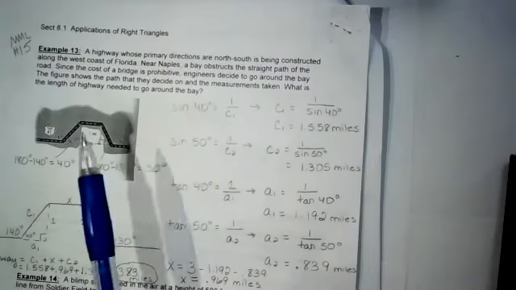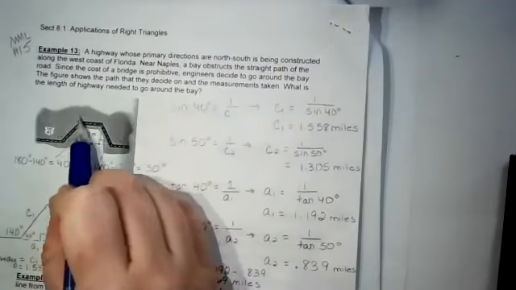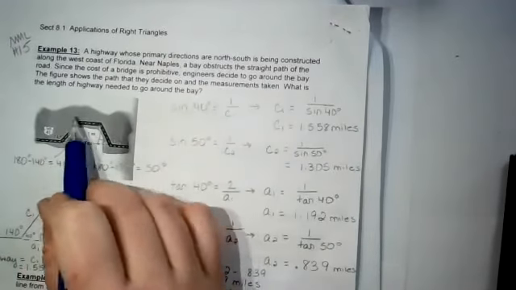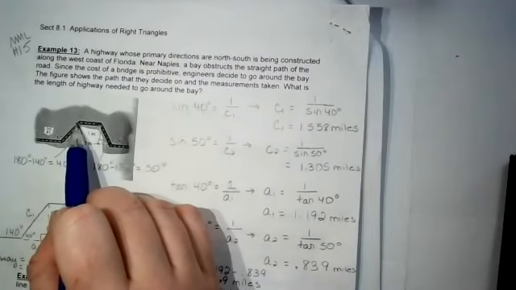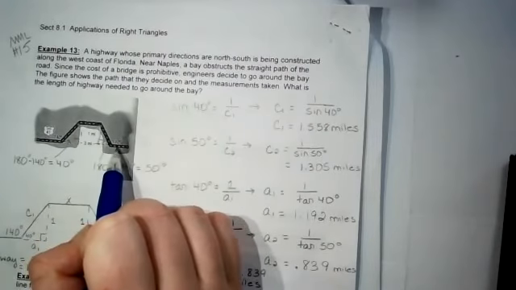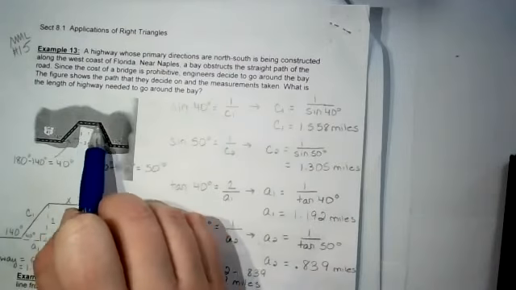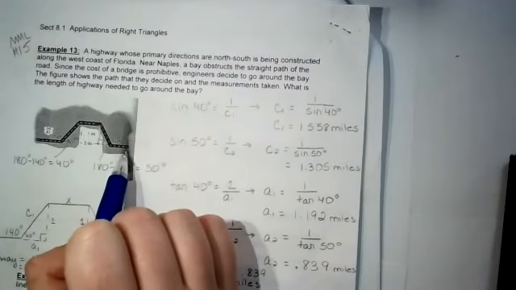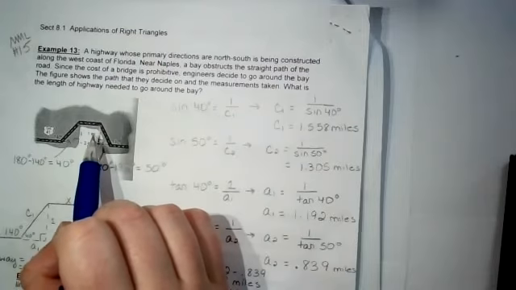All right. So if they're going to go around the bay, they need this information. They want to know how much is this? What's the distance up, over, and down around the bay? That's what they're trying to find. Now, this looks like a beautiful little trapezoid, and if we were in geometry, I'm sure we'd have all kinds of trapezoid formulas, but we don't, and I don't know any.